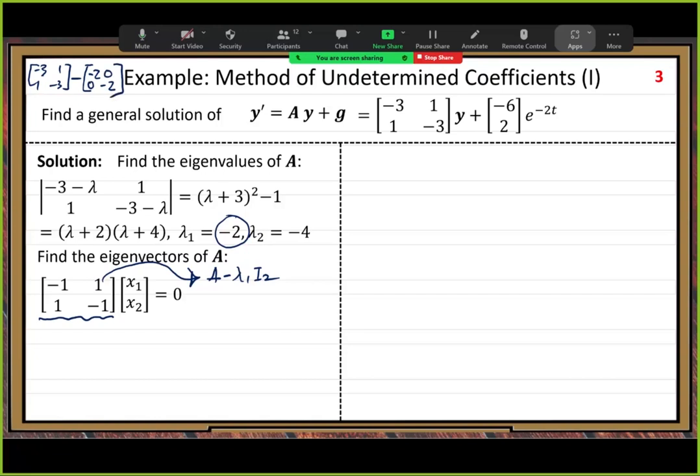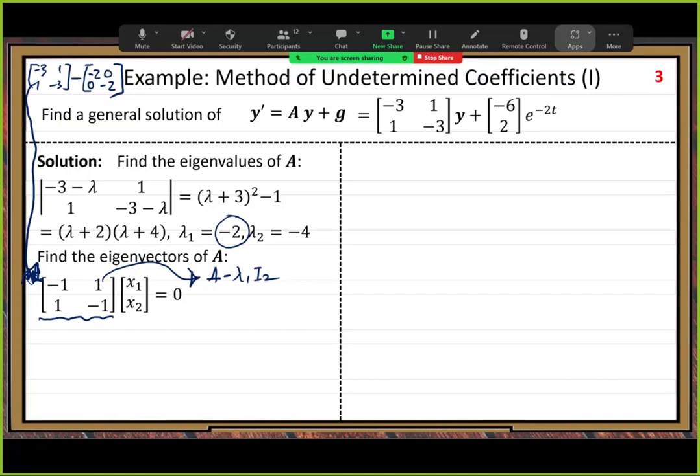So you do subtraction on these two matrices at that corner. After simplification, you get this matrix.